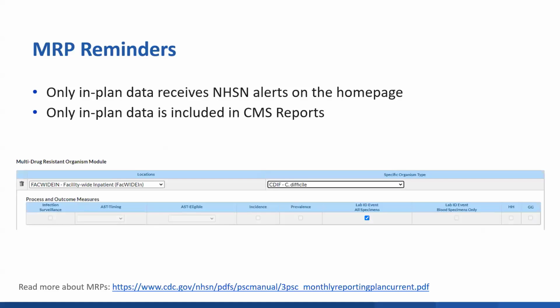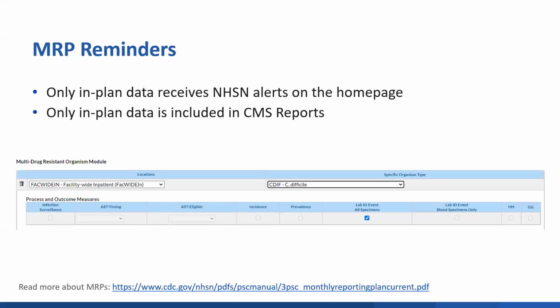So for monthly reporting plans, what's important to remember is that only in-plan data, which is data that has been designated in your monthly reporting plans, are the ones that receive NHSN alerts on the homepage. And additionally, only in-plan data is included in the CMS analysis reports. So you can see this is what the LabID portion of the monthly reporting plan looks like.